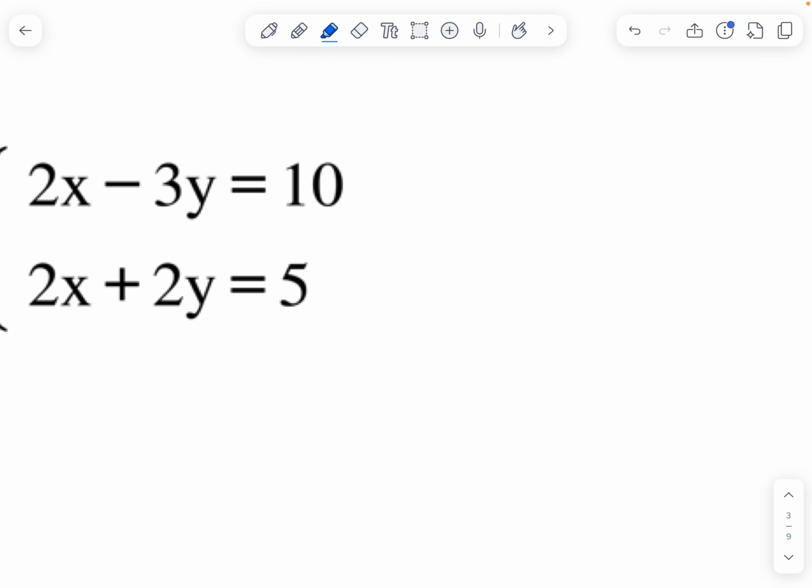So let's convert all of these coefficients into a matrix.